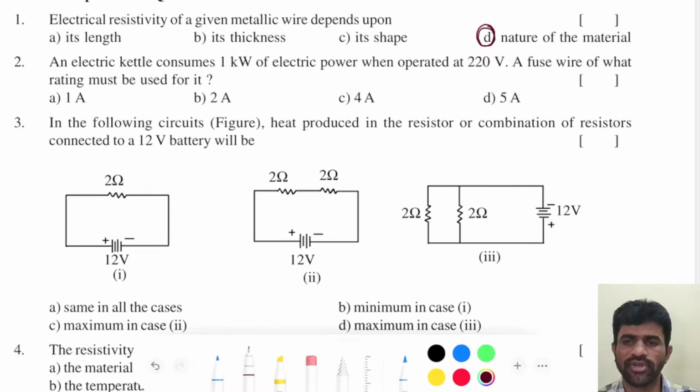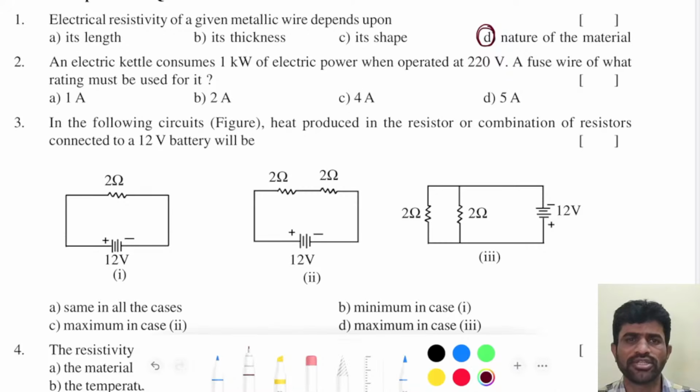Are you trying to find the second question's answer?